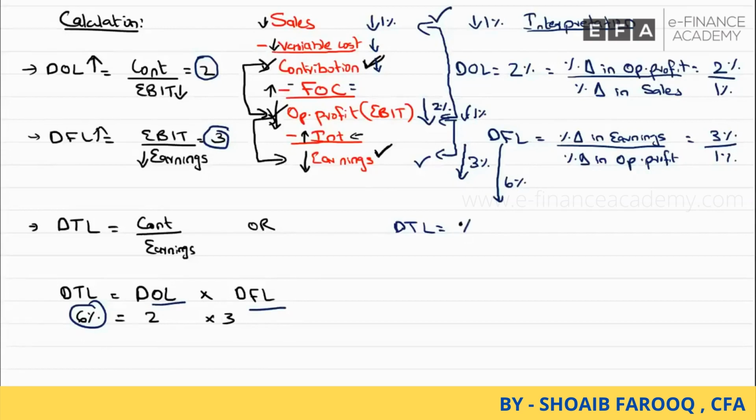So here's the interpretation: percentage change in your net earnings caused by percentage change in sales. If the answer is 6, that means for each 1% change in sales, your net earnings will change by 6%, meaning your net earnings are sensitive to sales by 6 times, right?